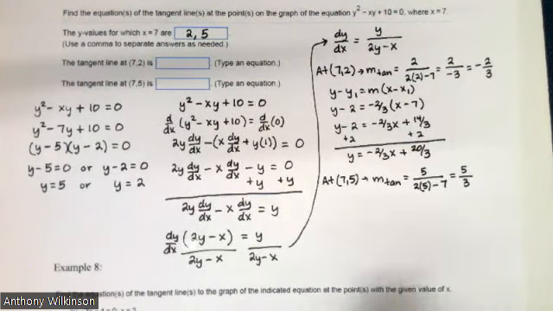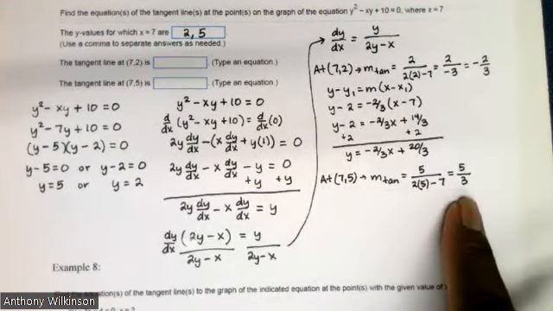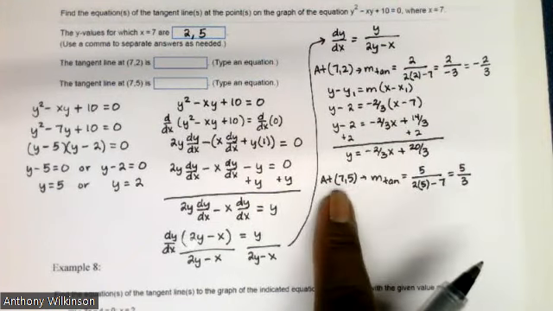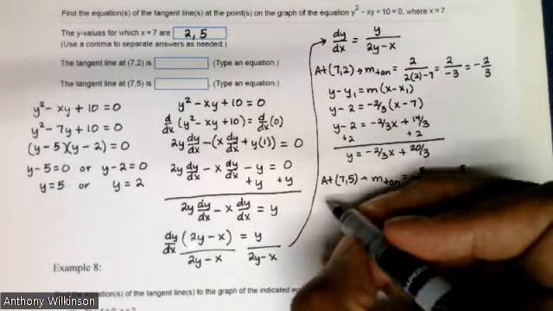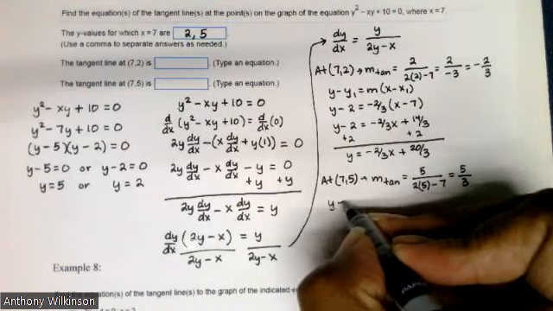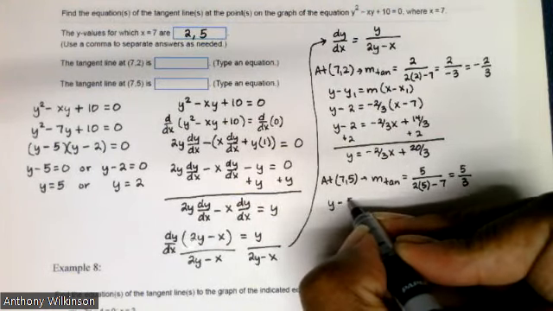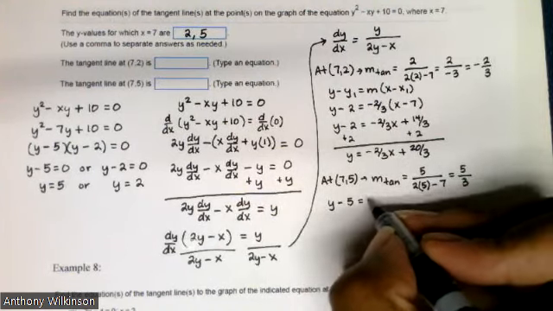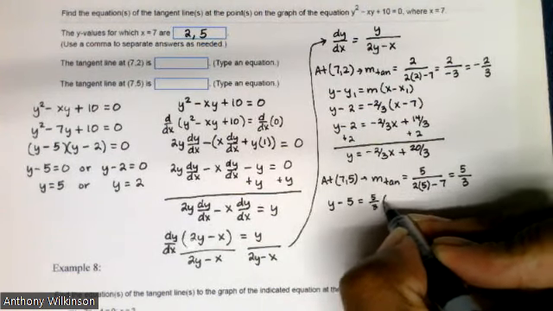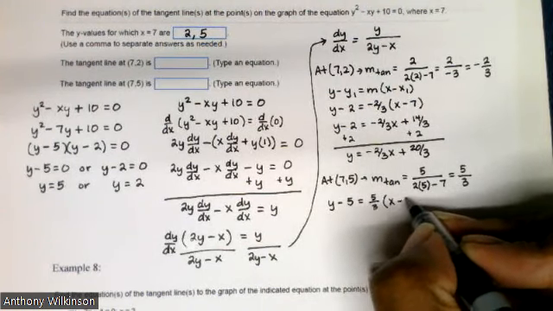And then we're going to still use that point slope form, but this time our slope is going to be 5/3. The point would be 7, 5. So here, y minus y1 this time will be 5, equaling the slope of 5/3 times x minus x1, which is 7.